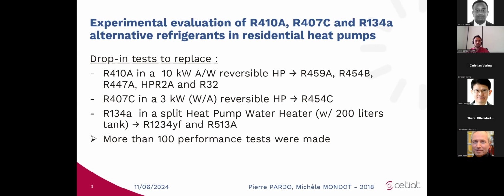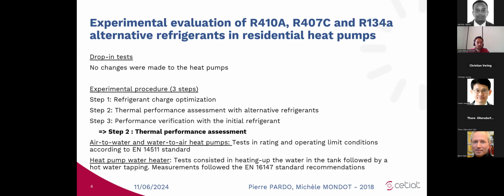The idea was really to run a lot of performance tests by simply changing the refrigerant and then monitoring the different results. The idea was not to change anything in the components of the heat pump, just to optimize the charge and to check the thermal performance of the heat pump with the new refrigerant used.